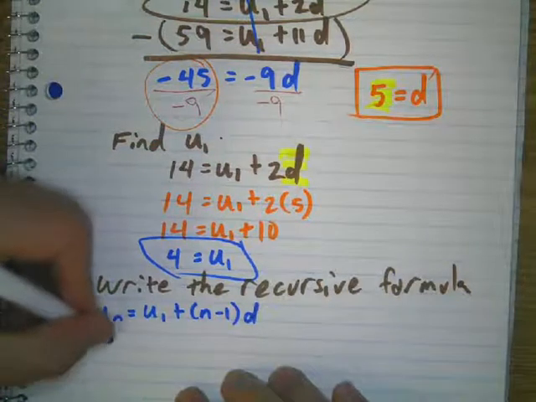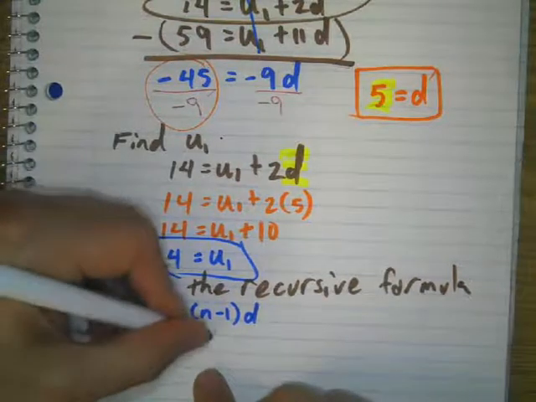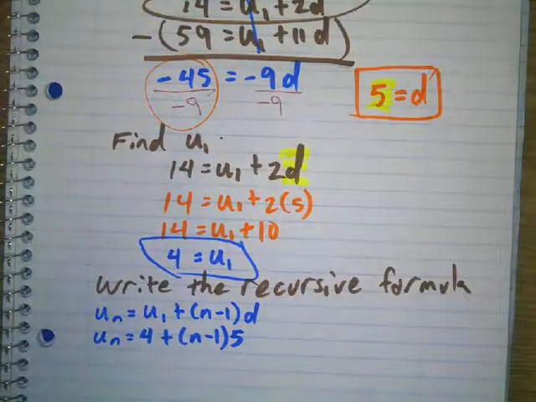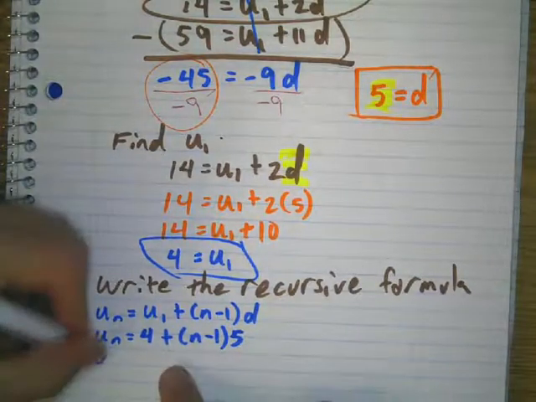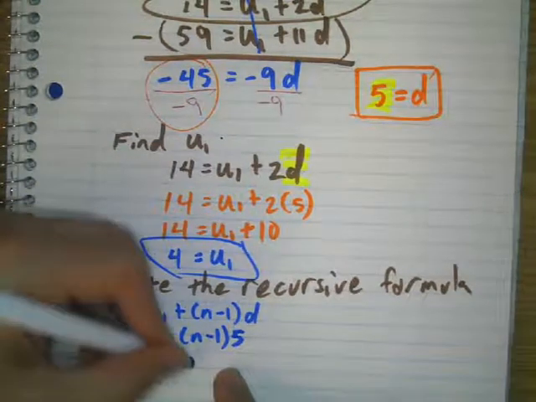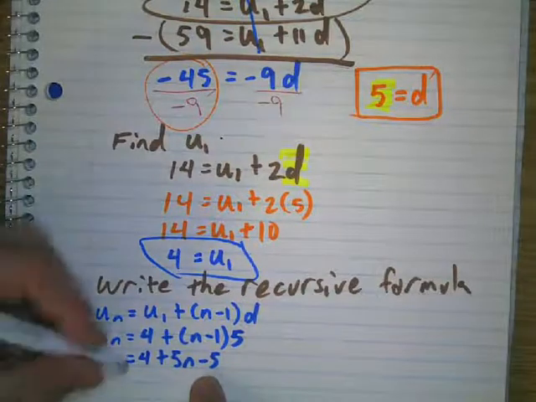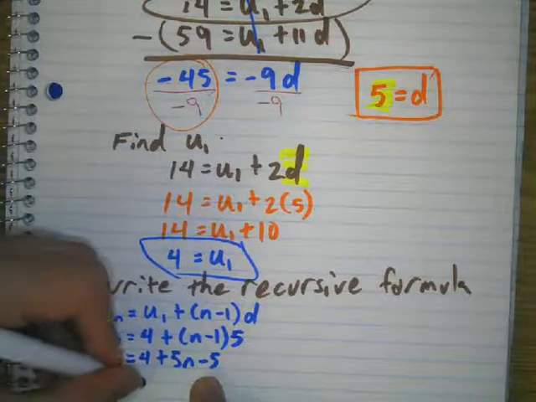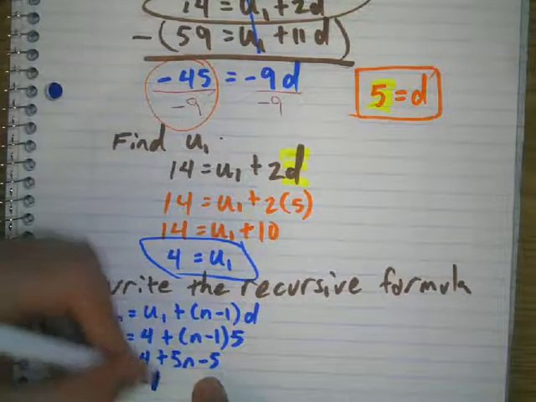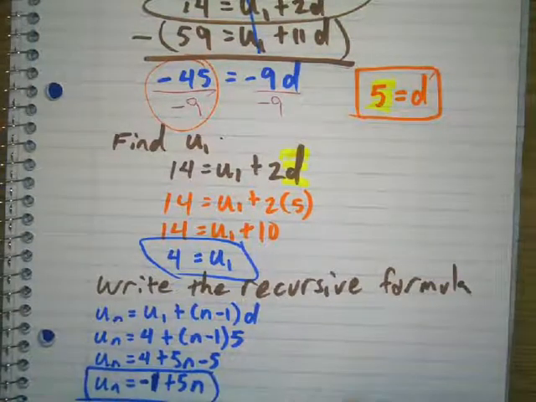So in IB, we would say u sub n equals 4 plus n minus 1 times 5. And that would be simplified to u sub n equals 4 plus 5n minus 5. And then we could say 4 minus 5, that's going to give me negative 1. U sub n equals negative 1 plus 5n. Okay. In IB, we would be writing it this way.